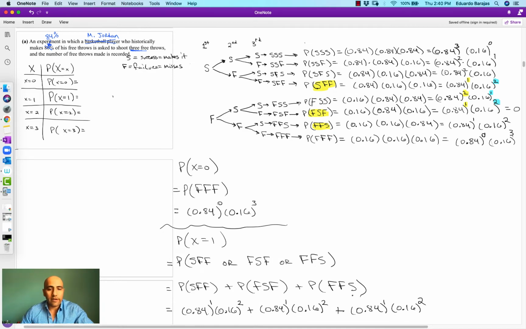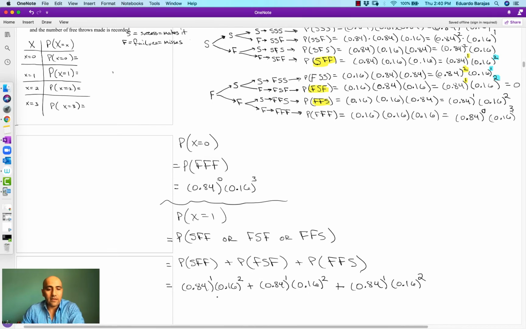So we know from our algebra work that means that we can combine them and just calculate it once and multiply it by 3. So we multiply 0.84 to the power of 1 times 0.16 to the power of 2, and then because there are 3 different ones, we multiply this by 3. Right? Okay, and that is the probability that x equals 1.